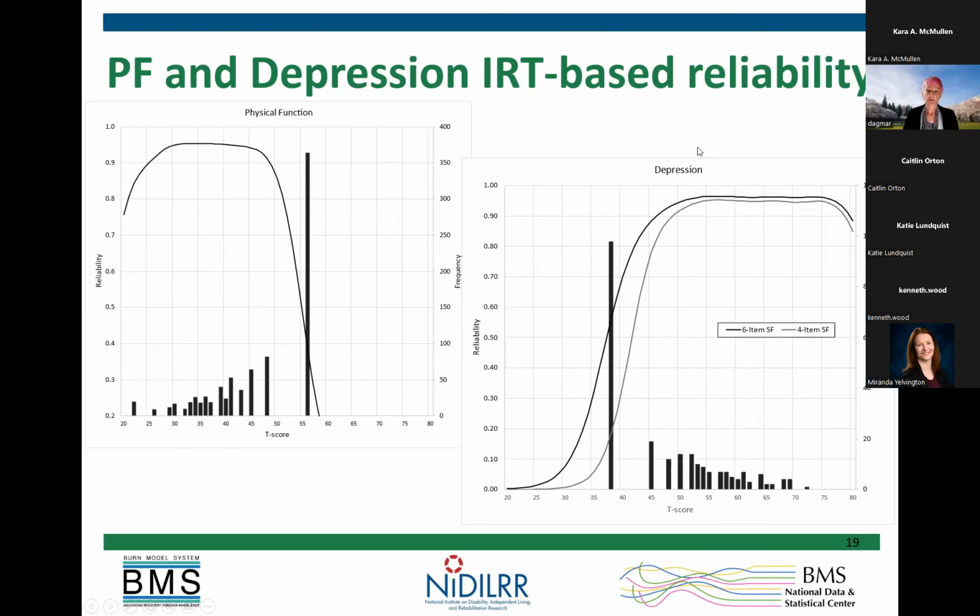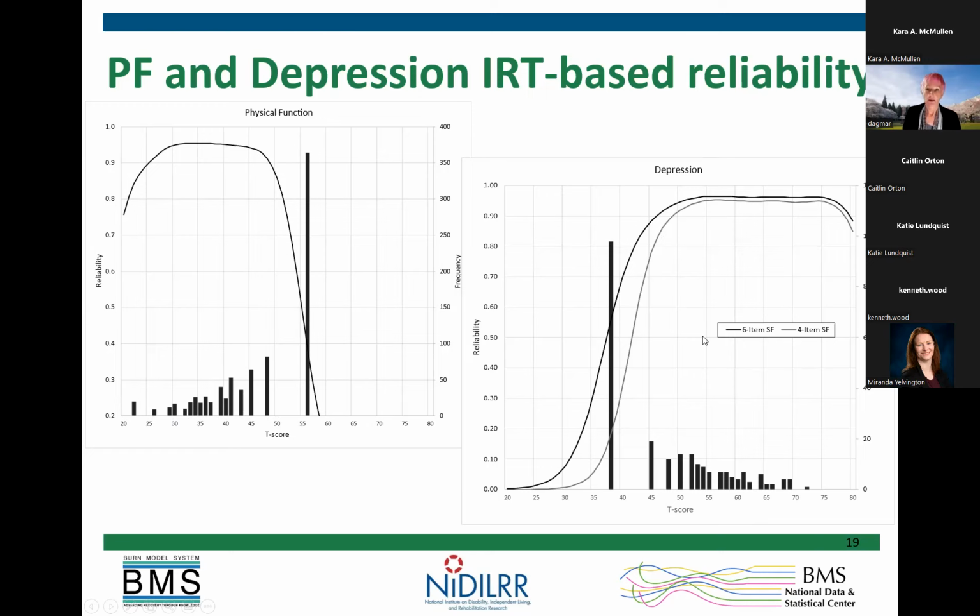And in depression, what we look at is what span of the continuum is measured with sufficient reliability when we choose measures. And when 4 items are not sufficient, then we administer more items. In this case, we found that 4 items do an adequate job with physical function.